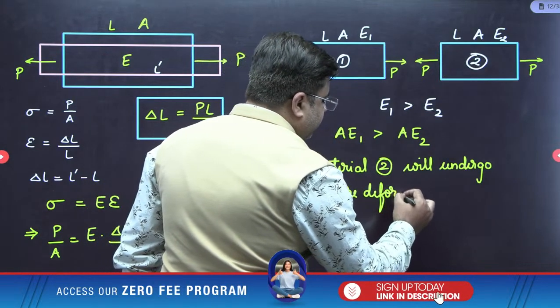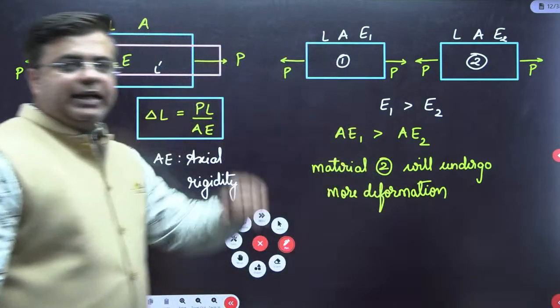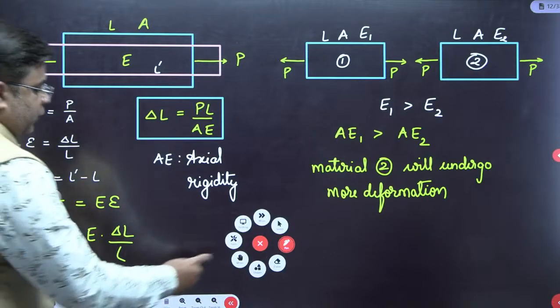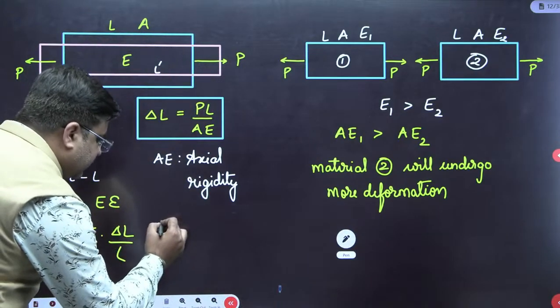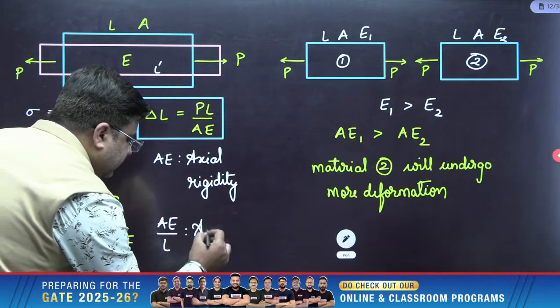Okay. Now, sometimes either you will use this axial rigidity, or there is one more parameter which is termed as axial stiffness. AE by L is termed as axial stiffness.